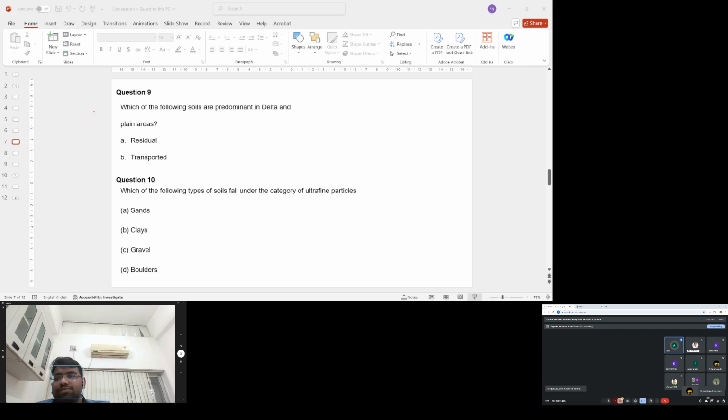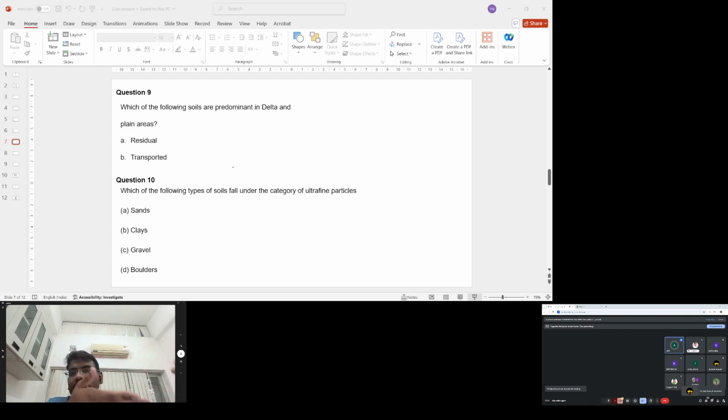So can you explain regarding delta, sir? See, deltas are essentially formed due to the deposition of silt-sized particles that are coming along with water.